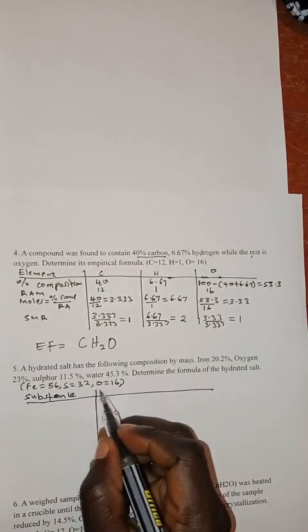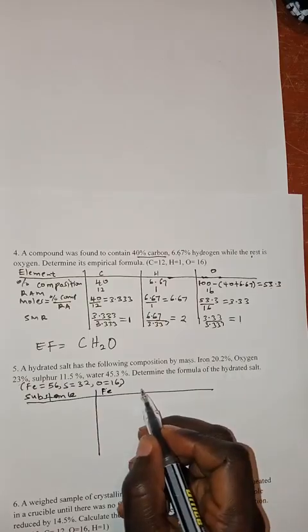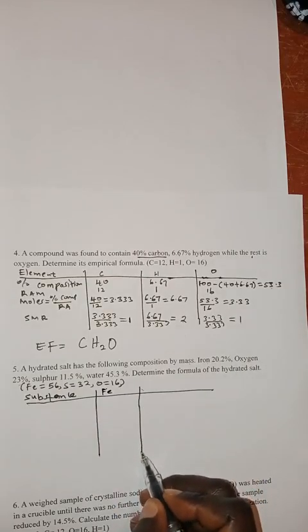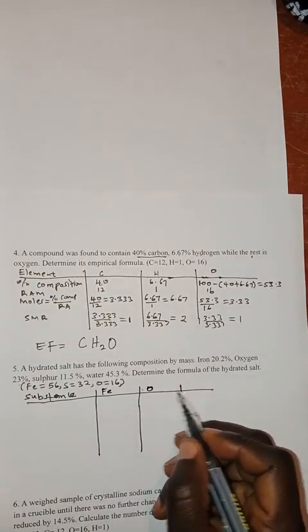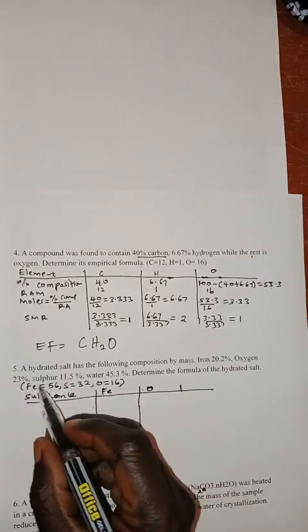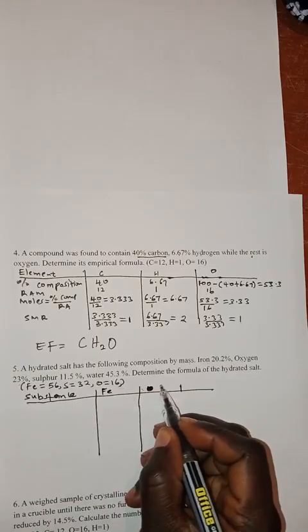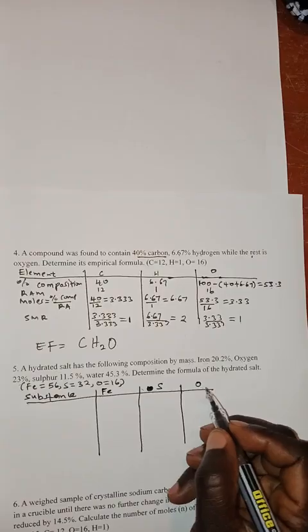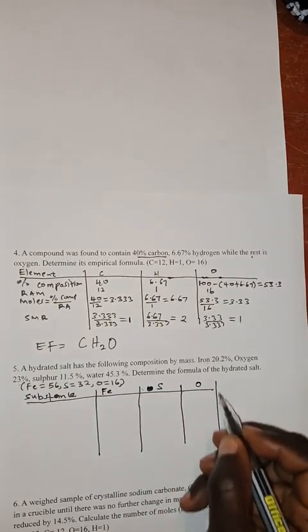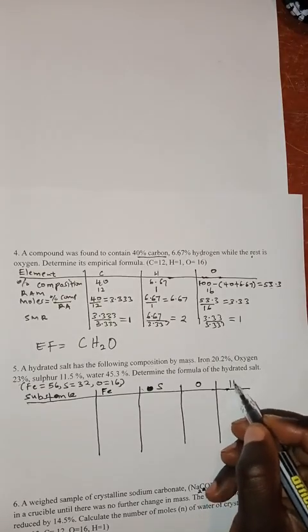Iron is Fe, and the second one is oxygen. The third one is sulfur. We are not going to make oxygen the second one. We shall put sulfur here first, then oxygen will follow, then water will be the last one.